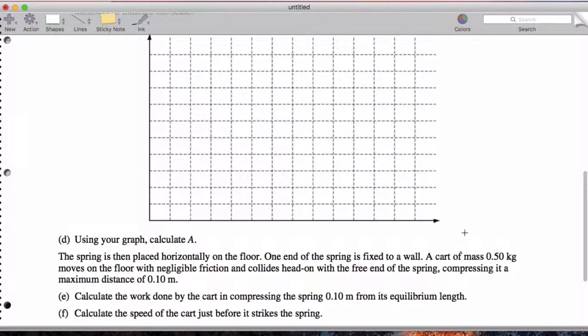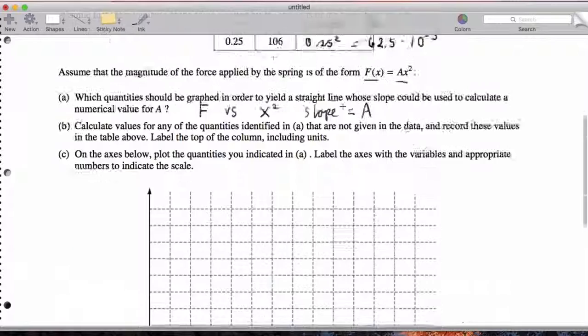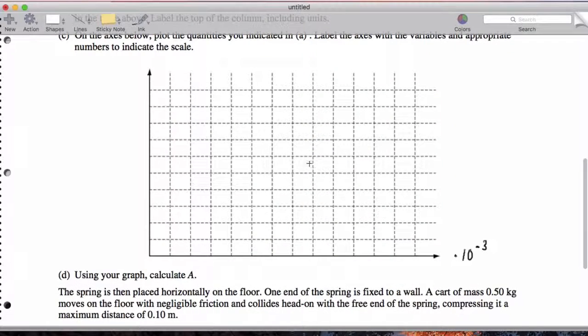On my graph here, I'm just going to make a little note that this is times 10 to the negative 3. And then here, this will just be straight from 0 to about 100. Let's just count this off. So let's see, 20, 40, 60, 80, 100.